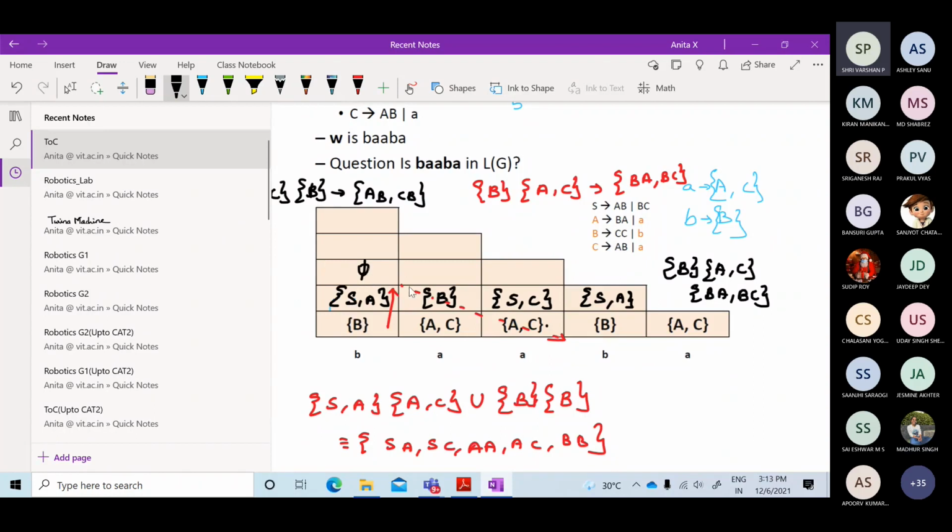Okay. Next, I have to proceed with H2. Yes, so in order to make this entry, I'm going to depend upon this one and these two, right? This and these two, right?